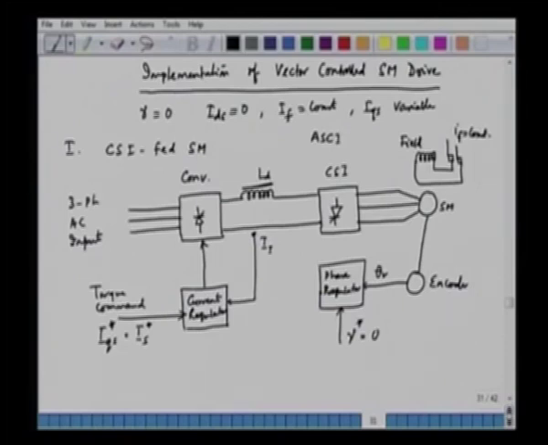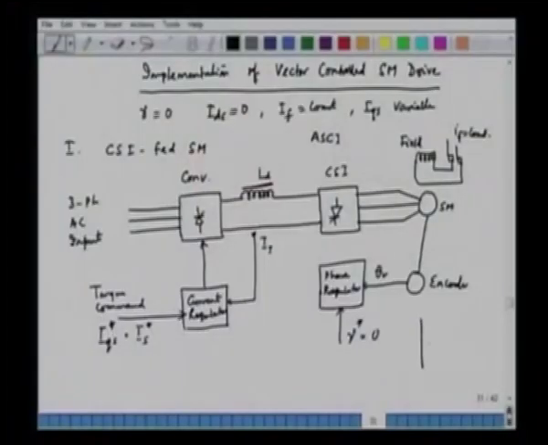Here there is a phenomenon called overlap. When we have more and more current, the output current is not exactly a quasi square wave. In ideal condition, the output current should be a quasi square wave like this, and this duration is 120 degree, and we have a symmetrical condition in the positive half and in the negative half. However, when the current increases, there is a progressive delay in the overlap.